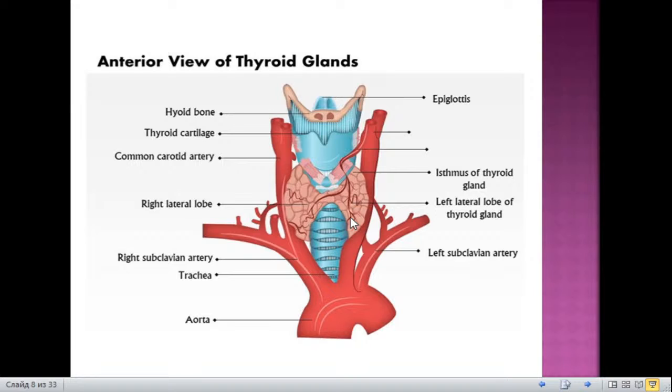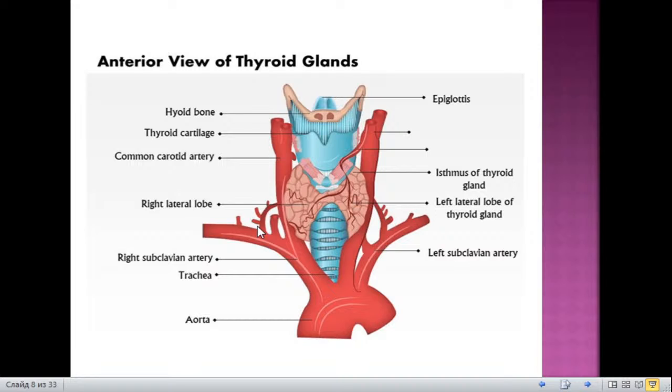The inferior thyroid artery is a branch of the thyrocervical trunk. The thyrocervical trunk is shown here and here. And you remember the thyrocervical trunk is a branch of the subclavian artery.